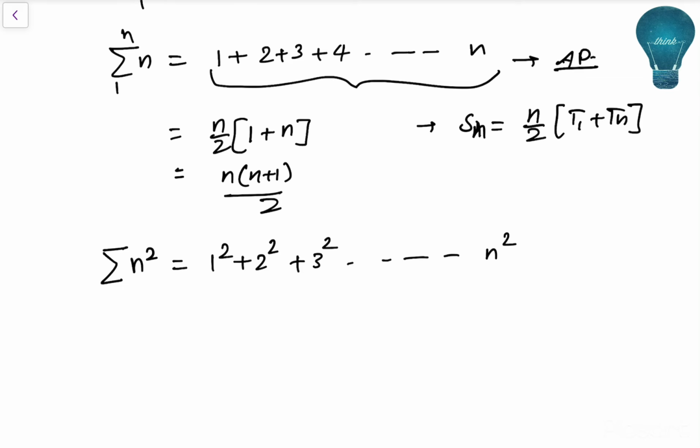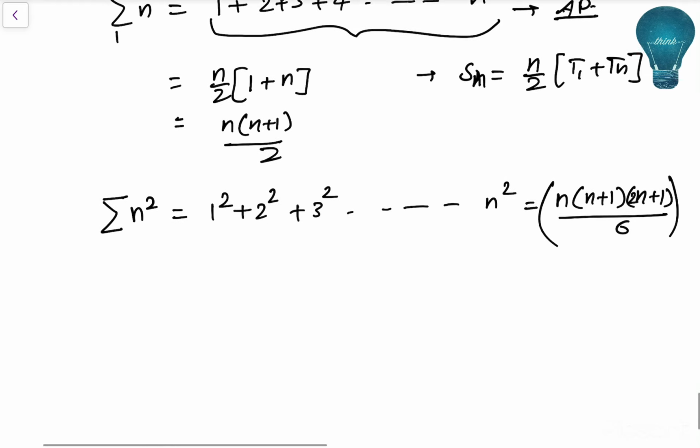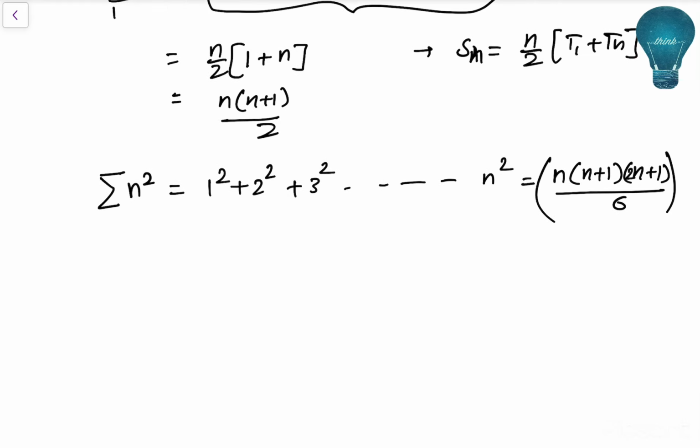So what to do here? The formulas of AP and GP are not required here. If some of you know the formula, it is n(n+1)(2n+1)/6. But the main concern here is how we got this formula. Okay, let's see.